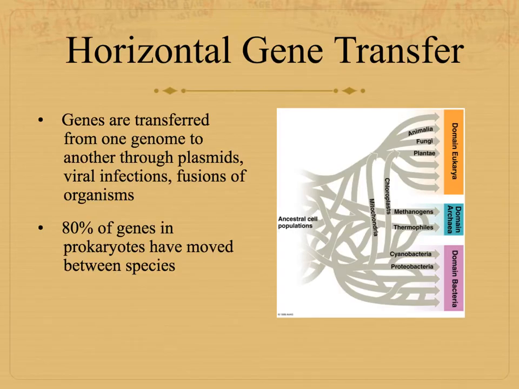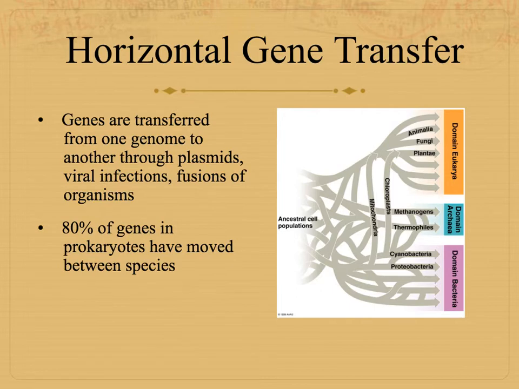But then if we really take a look at what is going on, using our molecular clocks, we know that there's a lot of horizontal gene transfer happening, especially between lower organisms, the prokaryotes, the ones without a nucleus. We know that genes are transferred from one species' genome to another through pieces of DNA called plasmids, through viral infections, and fusions of 2 organisms coming together.